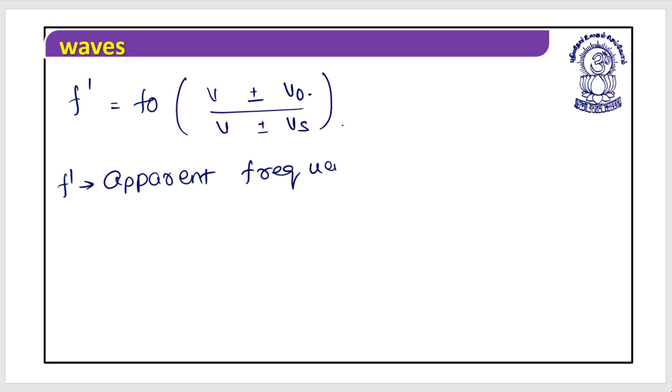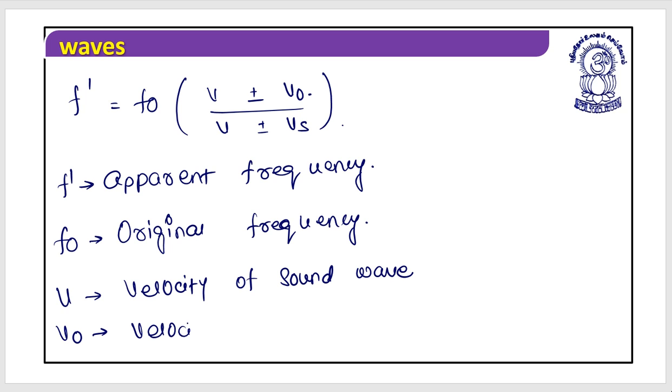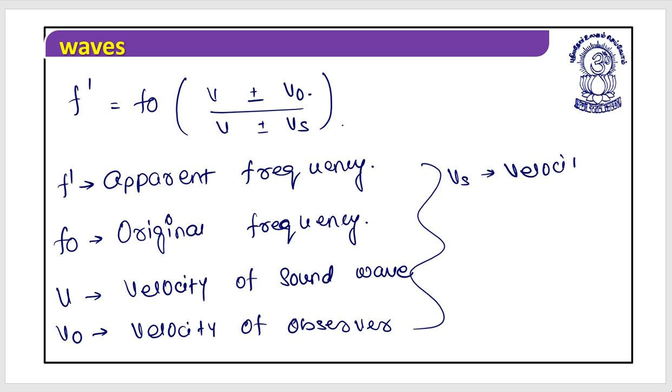It is the apparent frequency. f0 is the original frequency. v is the velocity of the sound wave. v0 is the velocity of the observer, and vs is the velocity of the source.